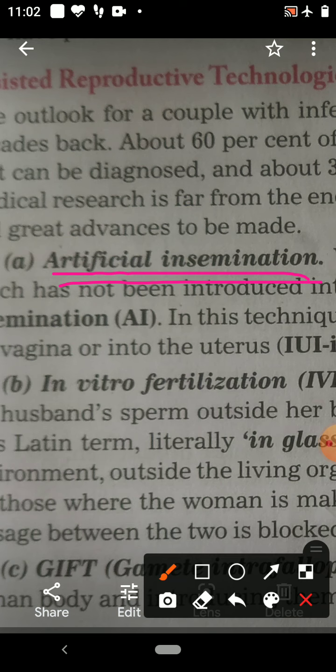So, why is the sperm deposited artificially with a syringe? Here you have to know, sperm is deposited in the vagina near the neck of the uterus by the penis during the sexual intercourse process.